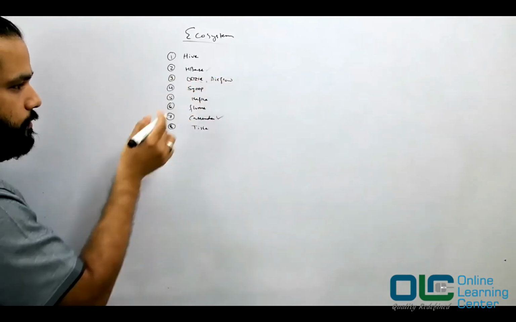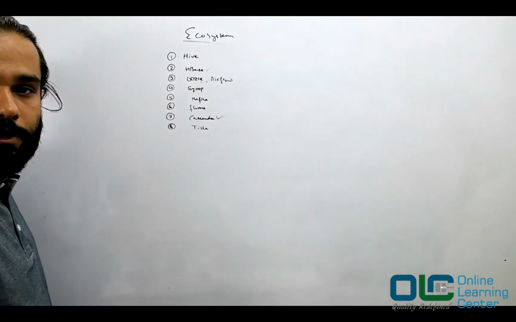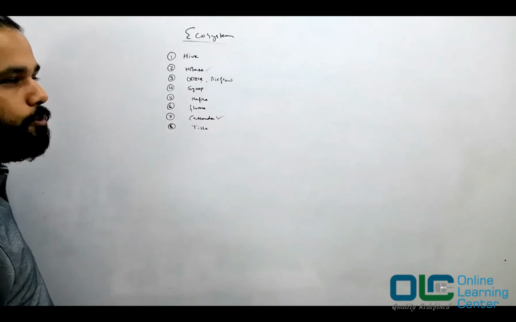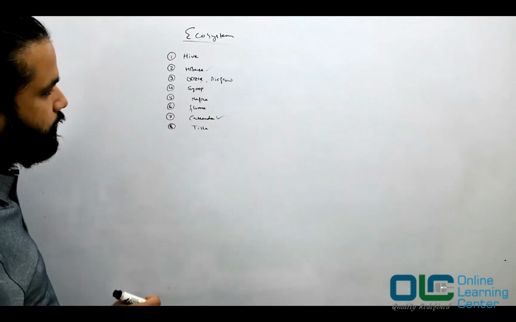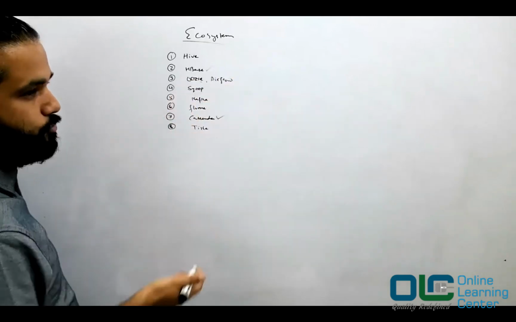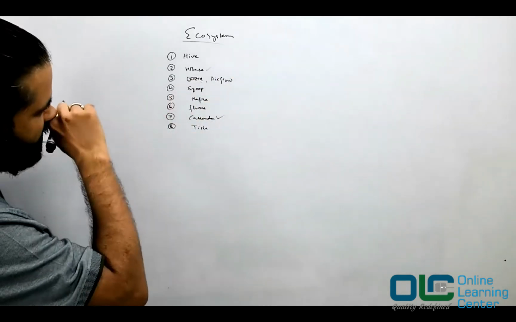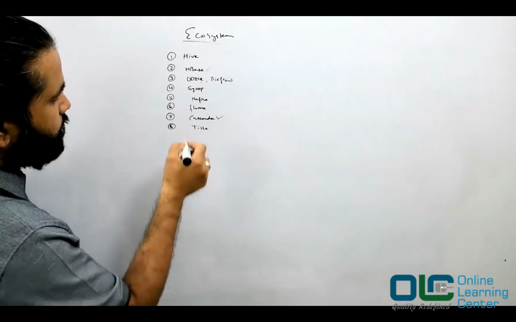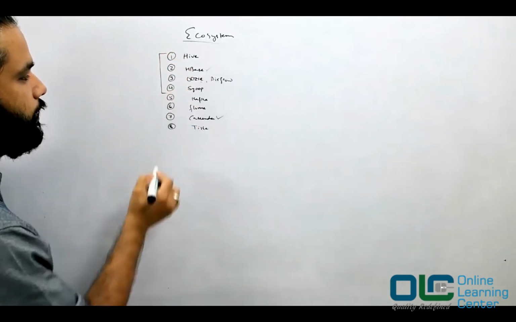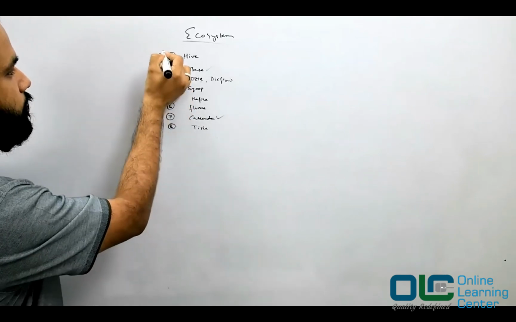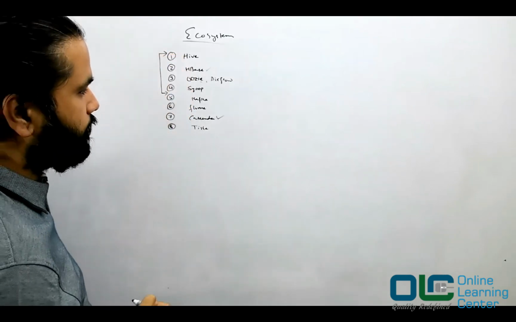There are so many alternatives these days, and it is completely up to the company and the project they are working on, which one they choose. As part of this course, DE1, data engineering one, we will be working on these four.